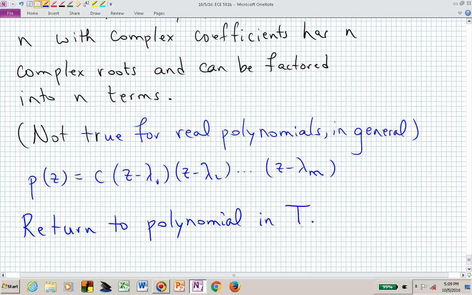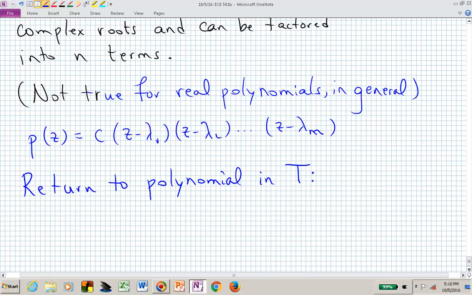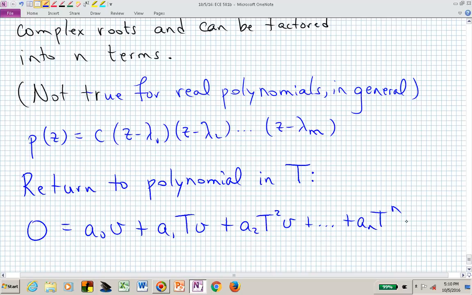In our linear operator T, which says that we can now write that as 0 is equal to a sub 0 v plus a1 Tv plus a sub 2 T squared v plus dot dot dot plus a sub n T to the n v.